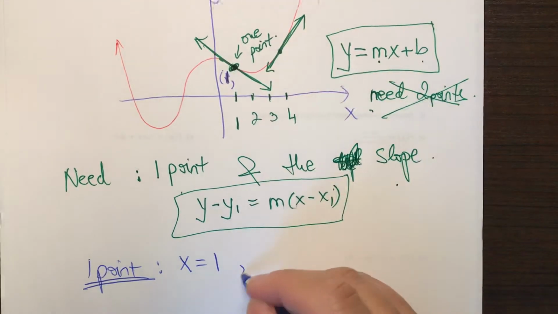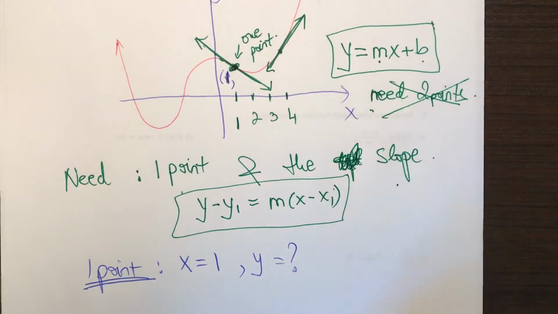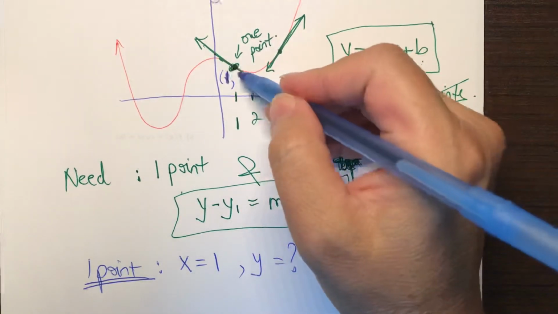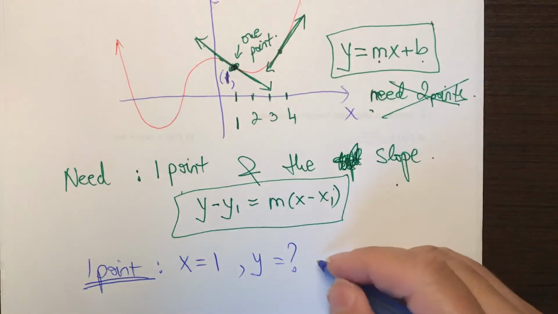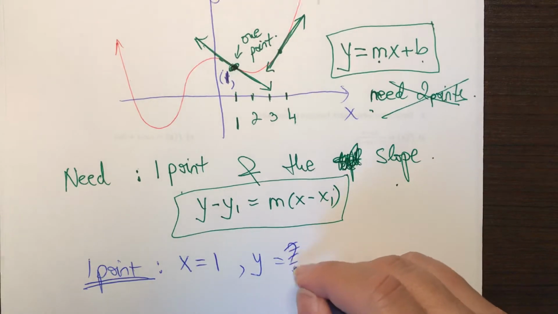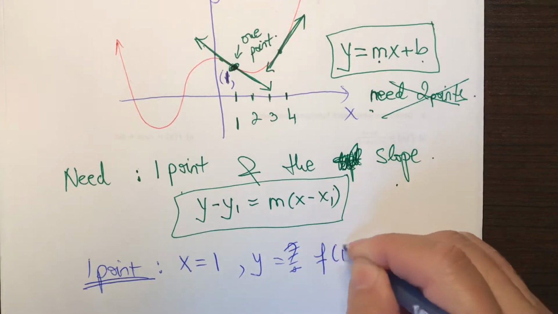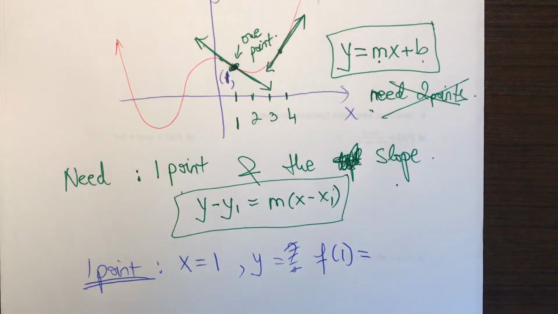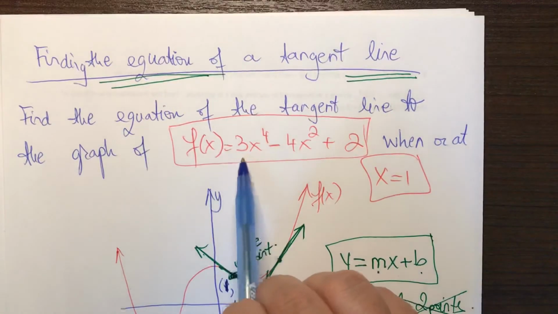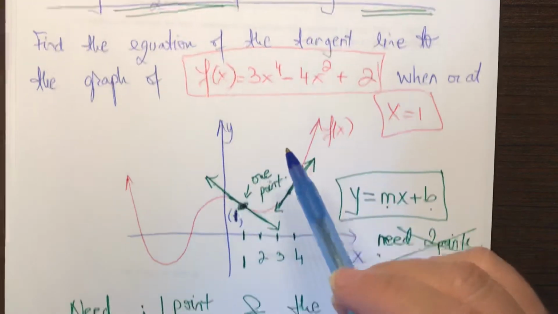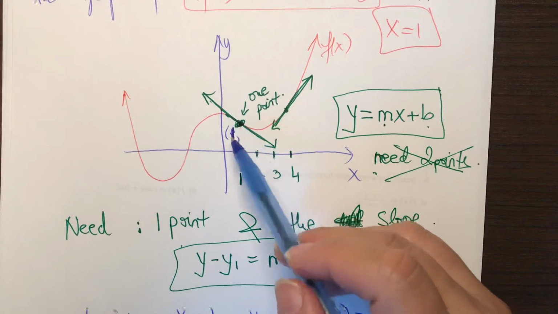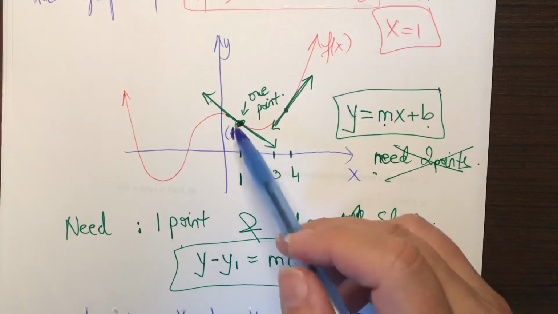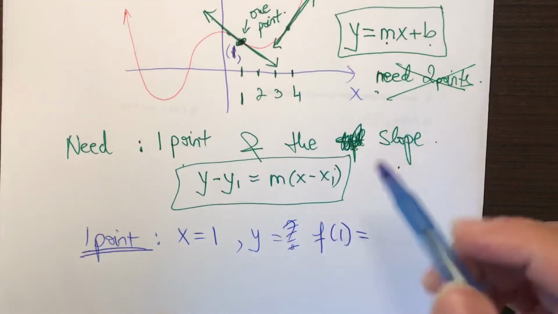How do I find the y-coordinate of this point? Well, again, this point is common to the line and the graph. So because it's a point on the graph, I know that the y value is simply the function value, right? Plug in. This is the function, the red one. So if x is 1, what's the y value?